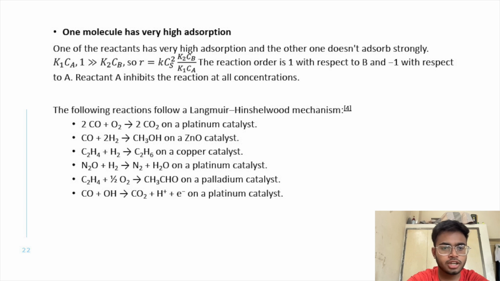For example, the reaction of carbon monoxide plus oxygen to produce carbon dioxide on a platinum catalyst, the reaction of carbon monoxide plus hydrogen to give methanol on a zinc oxide catalyst, the reaction of C2H4 and hydrogen to give C2H6 on a copper catalyst, the reaction of nitrogen oxide and hydrogen to give nitrogen and water on a platinum catalyst, the reaction of C2H4 and oxygen in a limited amount to give CH3CHO on a palladium catalyst, and the reaction of carbon monoxide plus hydroxide ion to give carbon dioxide, hydrogen and an electron on a platinum catalyst.